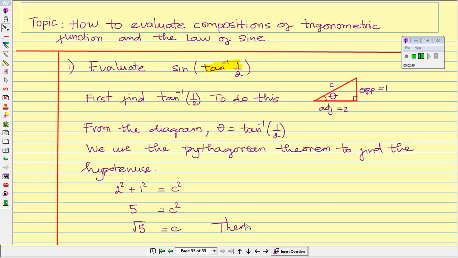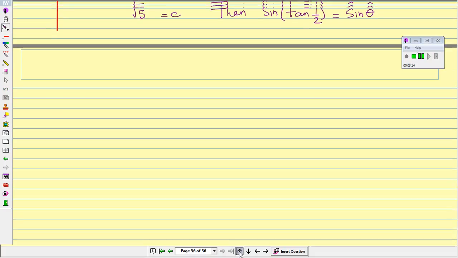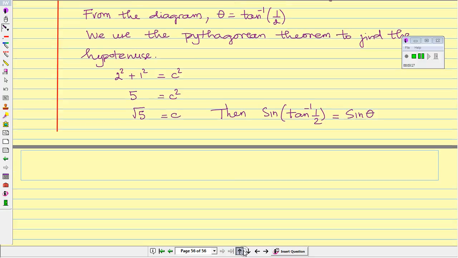Now we can conclude that the value of sine of inverse tangent of 1/2 is sine theta.